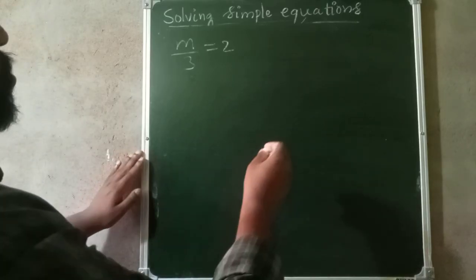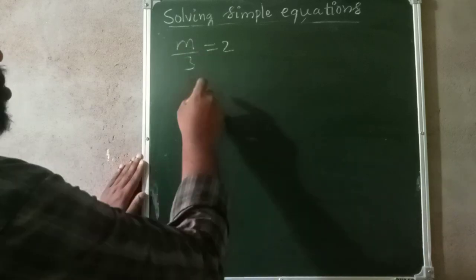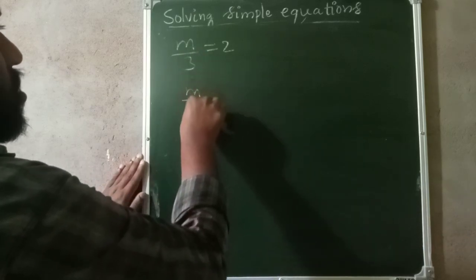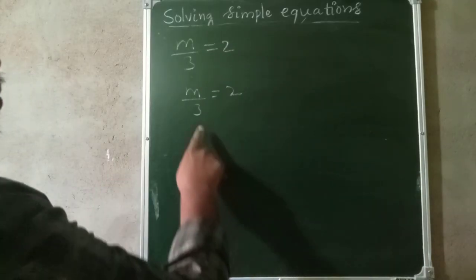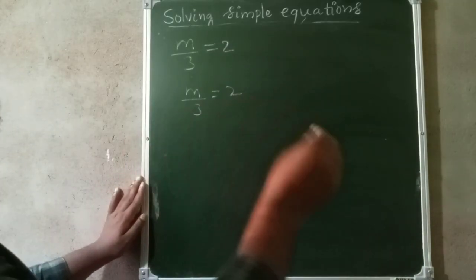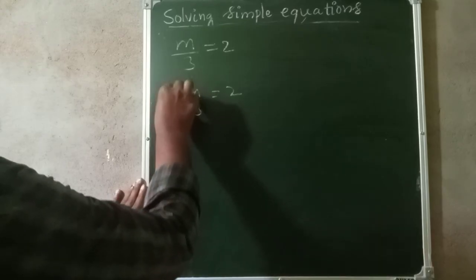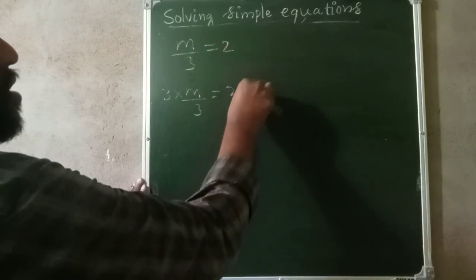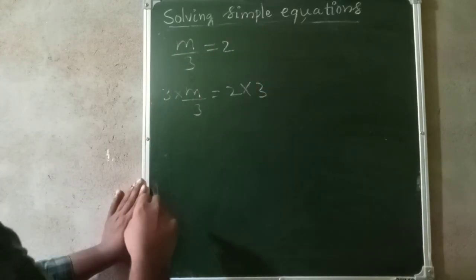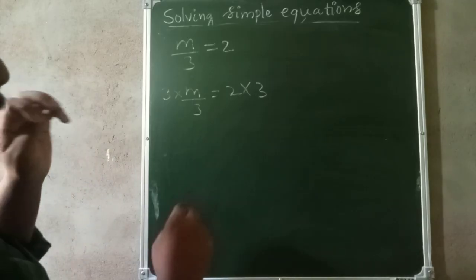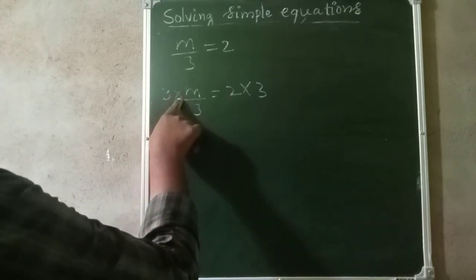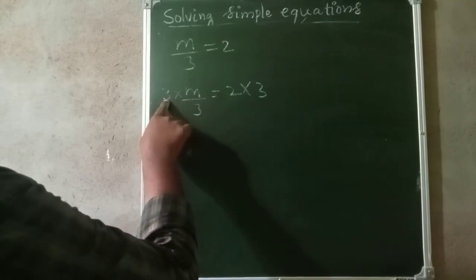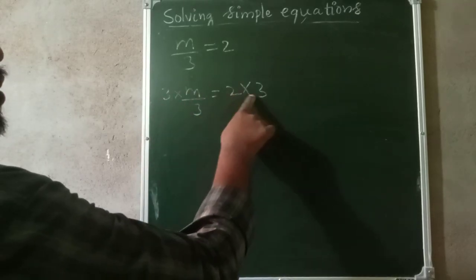In the next step, I will write as it is: m by 3 is equal to 2. To remove this 3, you have to multiply both sides by 3. So this side 3, this side also 3. I am multiplying this m by 3 by 3, and here 2 into 3.